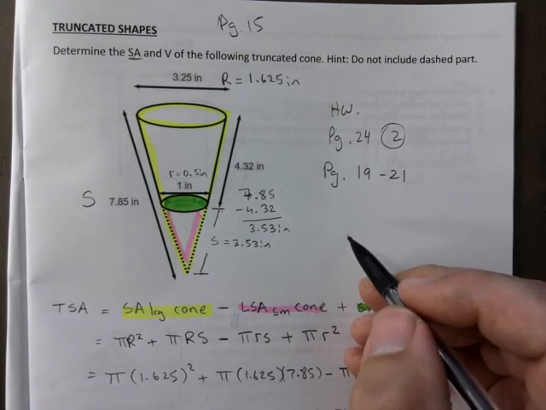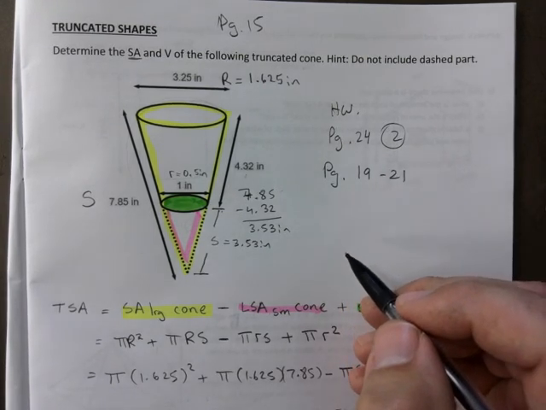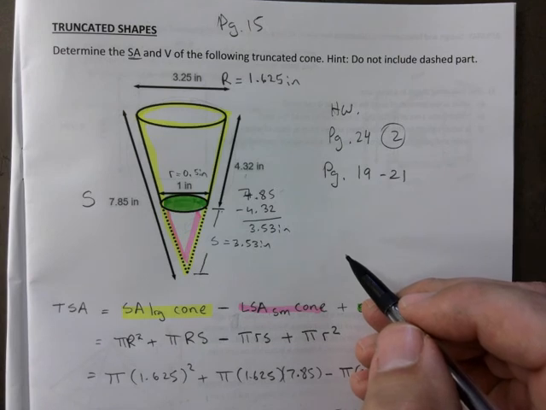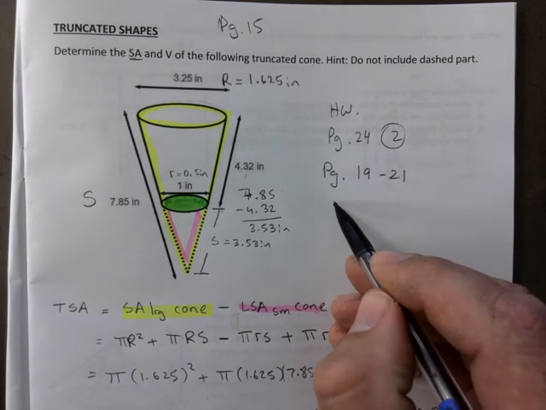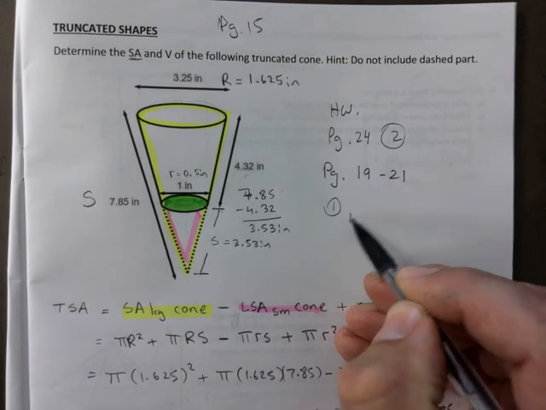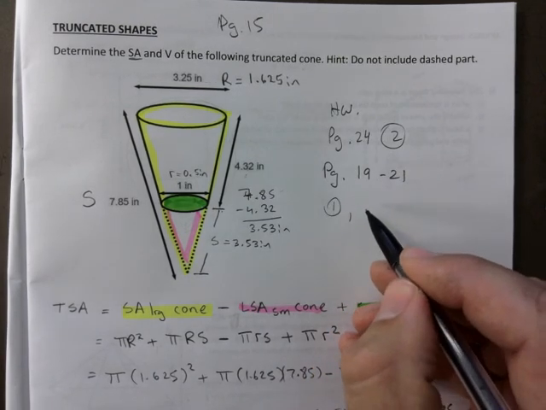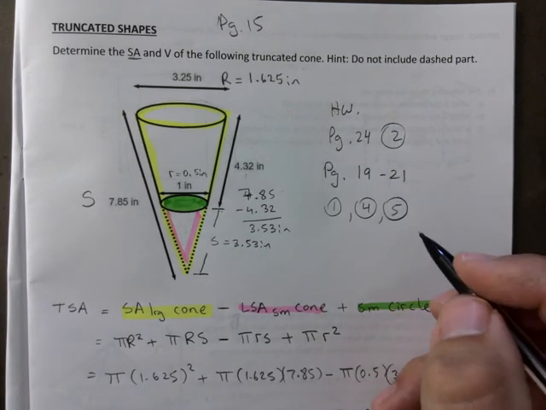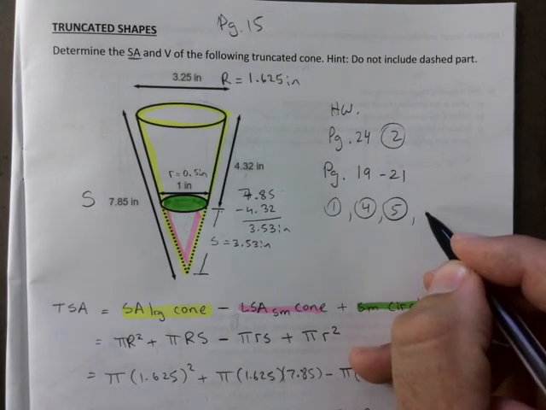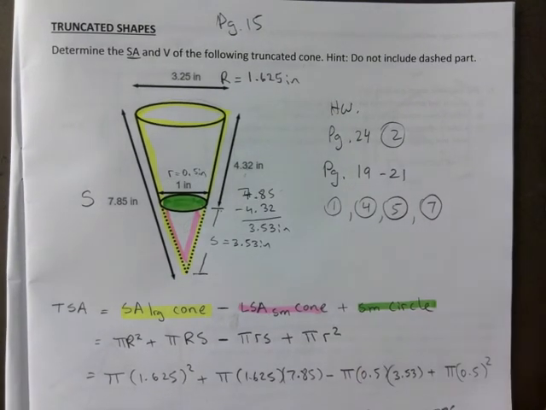You're like, what? I'm going to give you the tougher ones to try. So that would be question 1, question 4, question 5, and 7. You're not going to like 7, but try it.